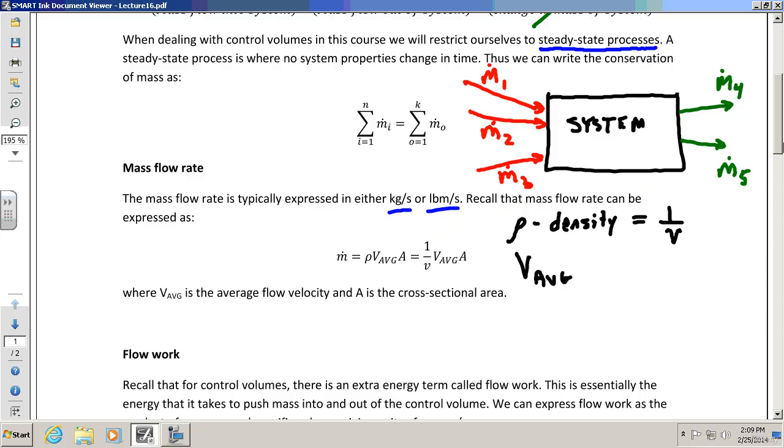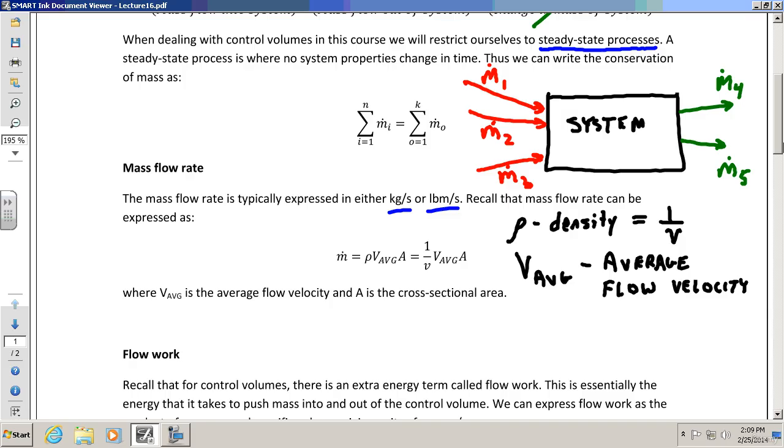I say V_avg. That means average velocity, the average flow velocity.